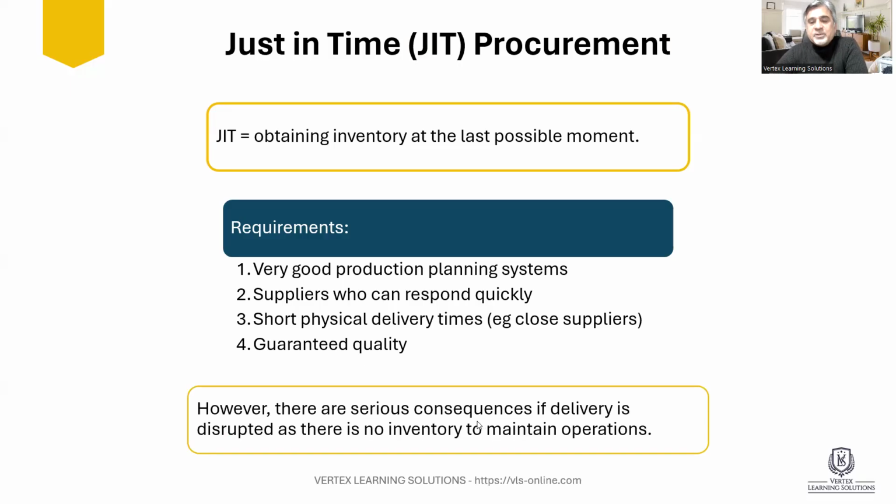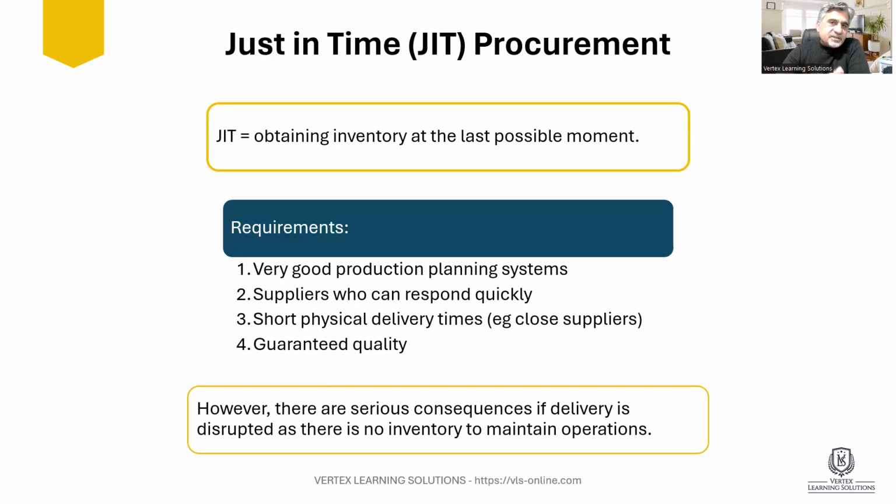However, there are serious consequences if delivery is disrupted, as there is no inventory to maintain operations. In case of JIT, if either the supplier does not deliver the goods, or they deliver goods that are not of the required quality and you have to reject them, production will be stopped, customer orders will be delayed, and it will have consequences.